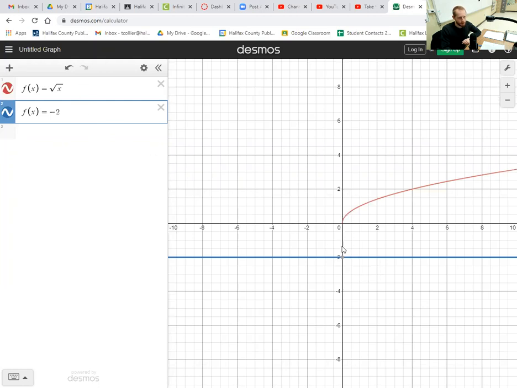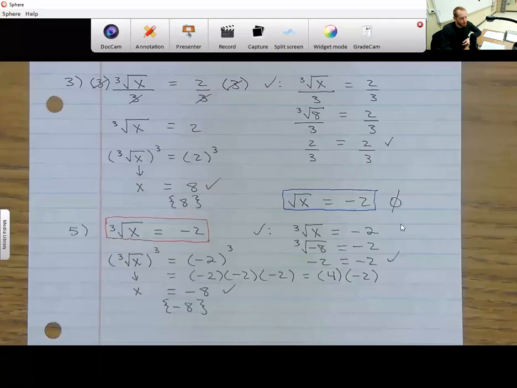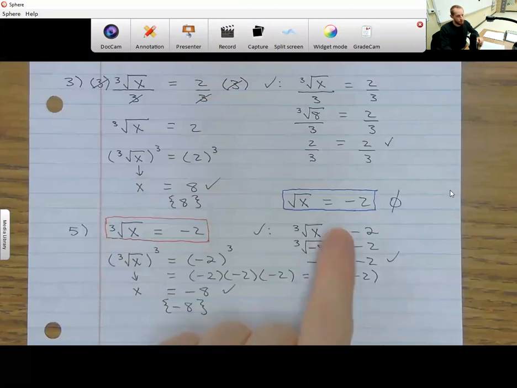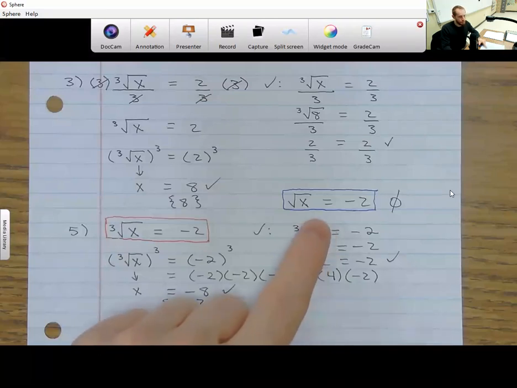Since these two graphs never meet, they never intersect, that means that the equation I have over here, square root of x is equal to -2, has no solution to it. So going back to my paper over here, I see that square root of x is equal to -2. Since those two graphs never cross each other, that's another indication that this has no solution.